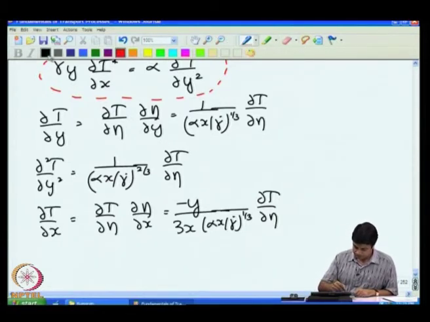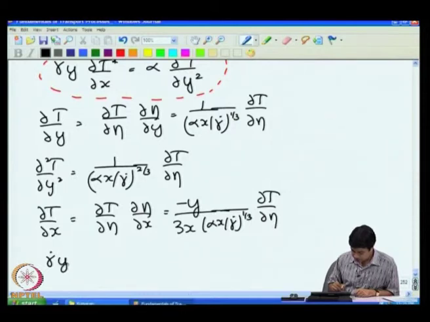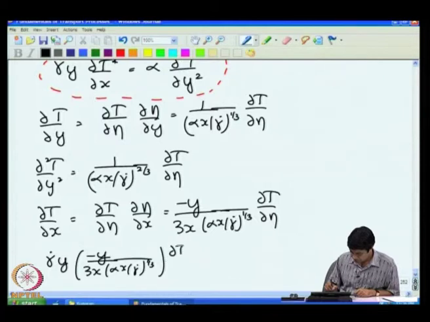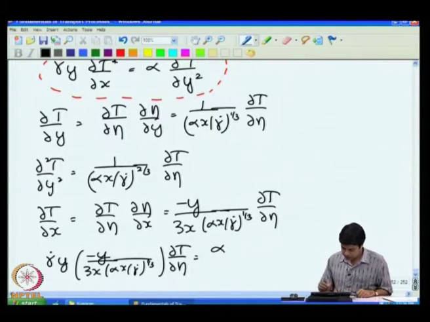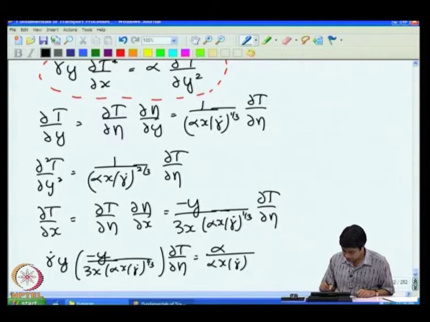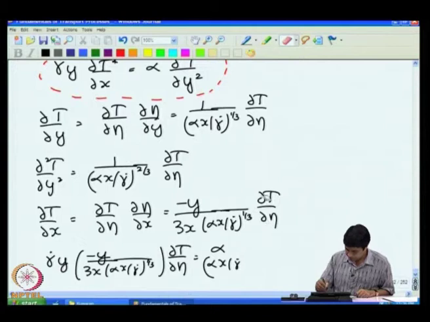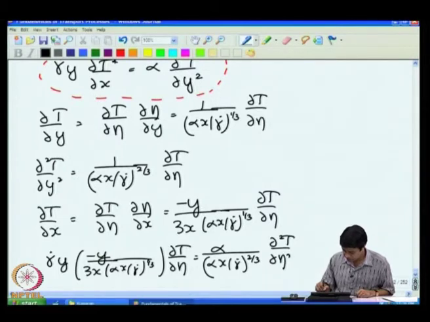You get gamma dot y into minus y by 3x, alpha x by gamma dot, or 1/3 dT by d eta is equal to alpha into, divided by alpha x by gamma dot, or 2/3 d square T by d eta square.